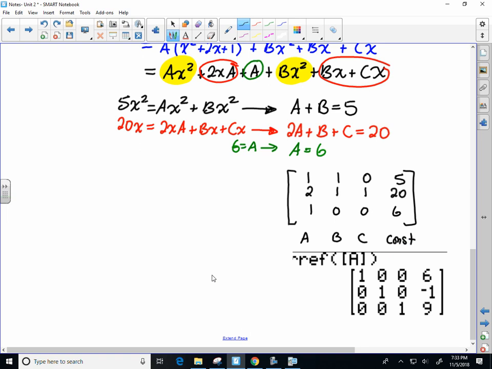So again, this is my A constant in the first column, my B variable, sorry, and my C variable. So I now know that A has to be equal to 6, B has to be equal to -1, and C has to be equal to 9.